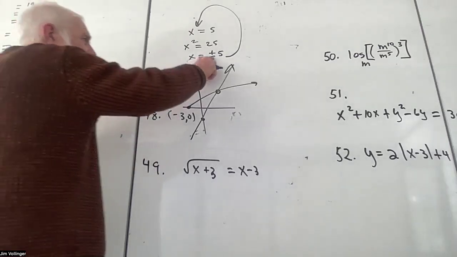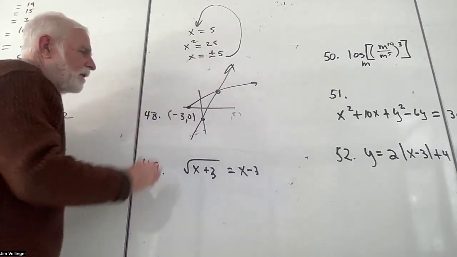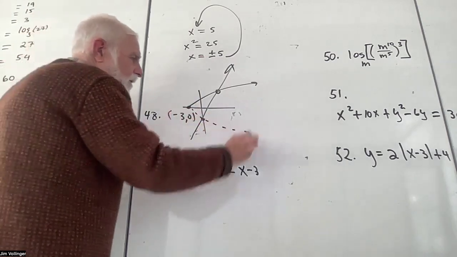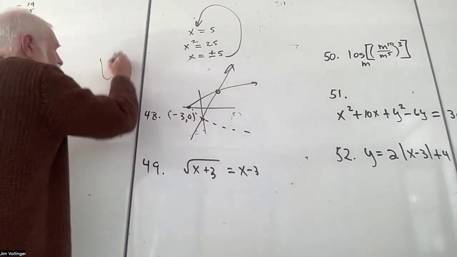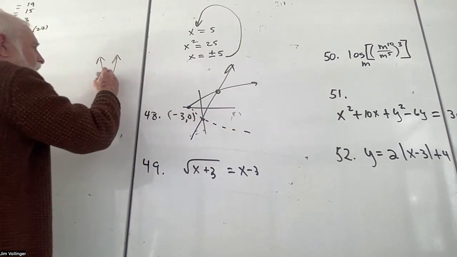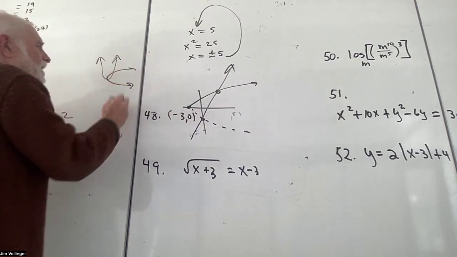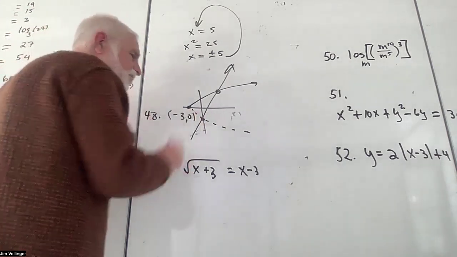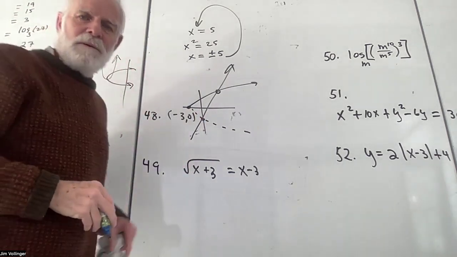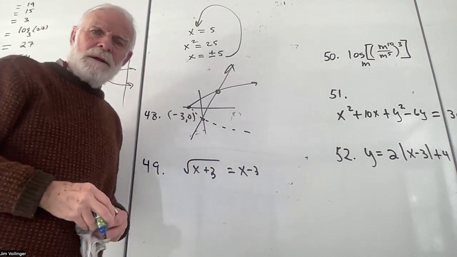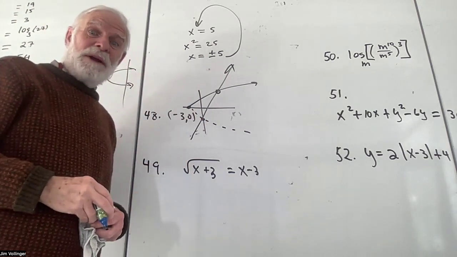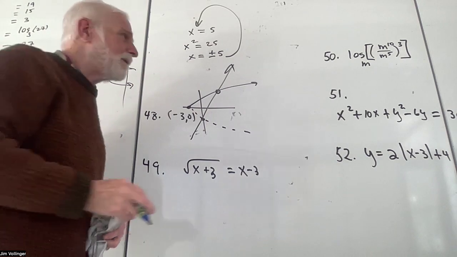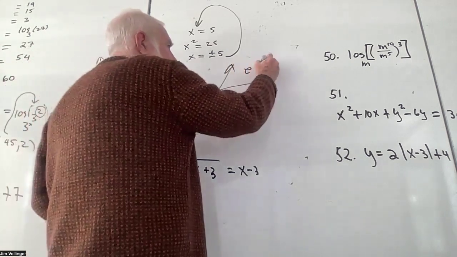No. Minus 5 is a fictitious answer, and we get fictitious answers here because the inverse of a vertical cup shape is a horizontal cup shape, and that's not a function. Okay, so we're going to get an extra answer. But so that we sound really smart, we're going to call it an extraneous solution. Extraneous.